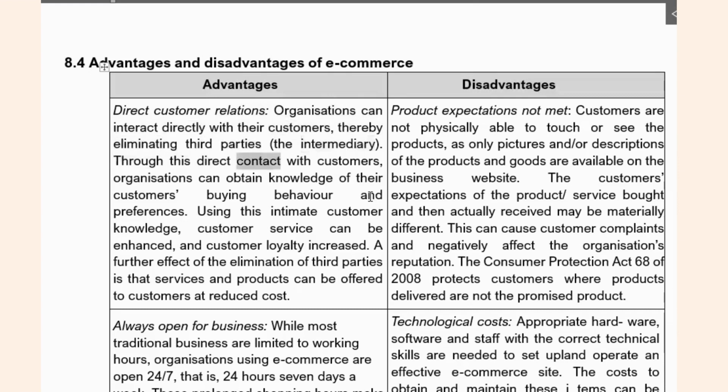Through this direct contact with customers, organizations can obtain knowledge of their customers' buying behavior and preferences. Using this intimate customer knowledge, customer service can be enhanced, and customer loyalty increased. A further effect of the elimination of third parties is that services and products can be offered to customers at reduced cost.